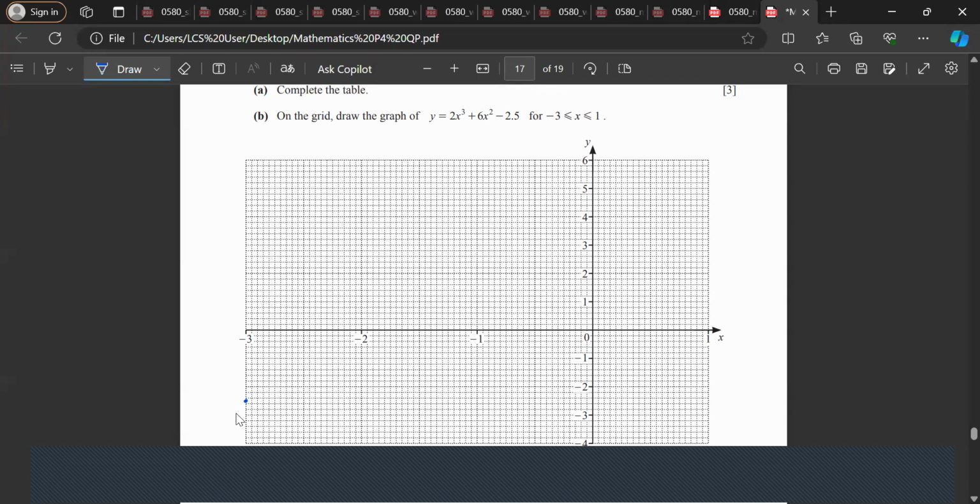Then I have -2.5 and 3.75. -2.5 is here, and then positive 3.75 means on this line here.